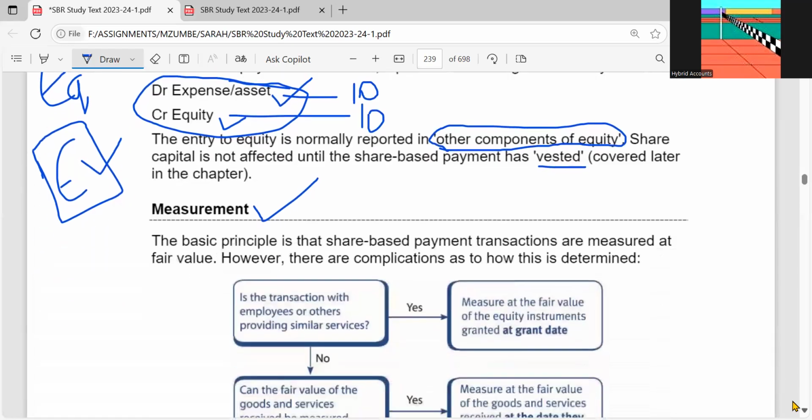So measurement now, we are going to see how to measure this. The basic principle is that share-based transactions are measured at fair value. This is our basic principle. Although this is only possible when you have sufficient information. If there is a lack of information, actually you are going to have a bit of a problem, right? So we are going to see how to deal with this, right?